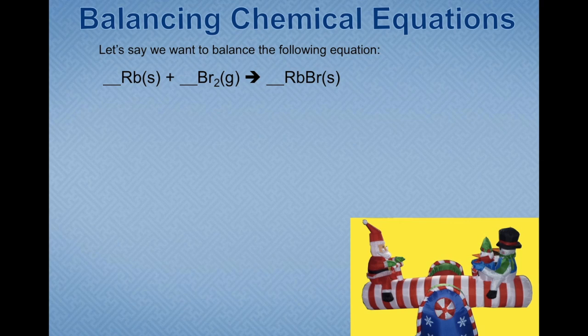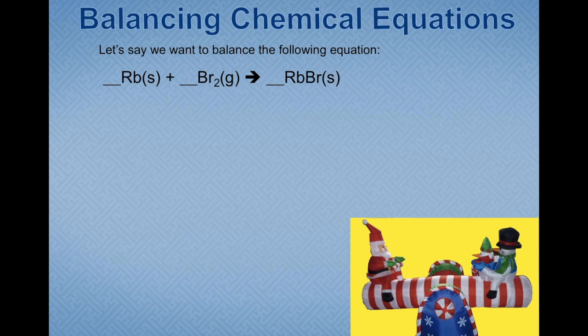On the left, what I usually like to do is look at the ones that are molecules or compounds first and save the pure non-molecular elements for last, because these are a little bit harder to deal with, and it's easy to figure out the ratio of the pure element afterward.